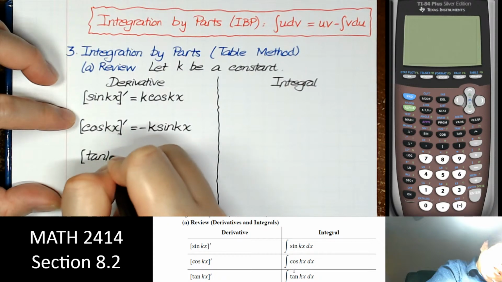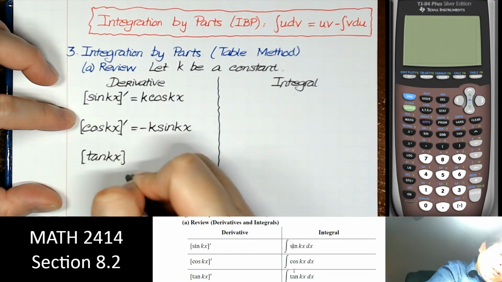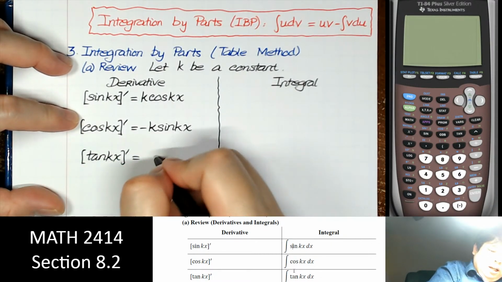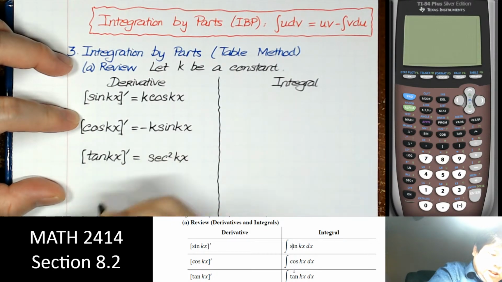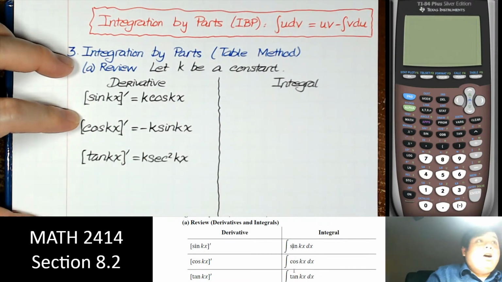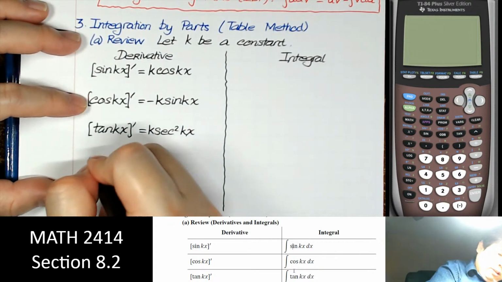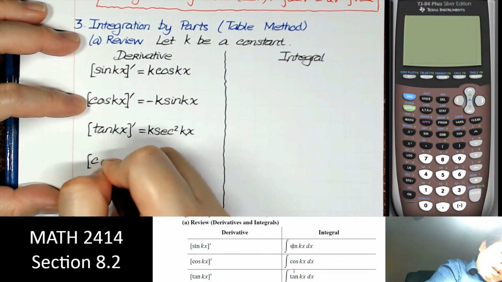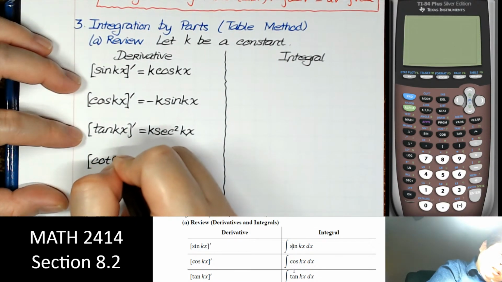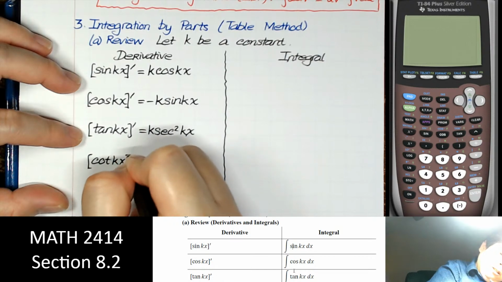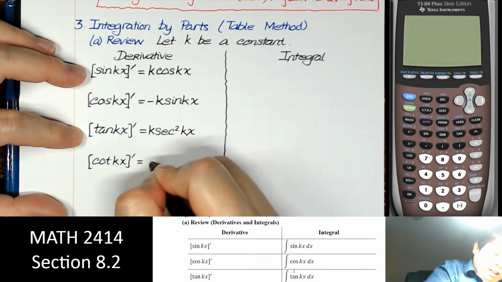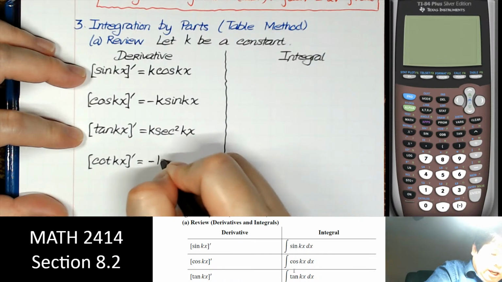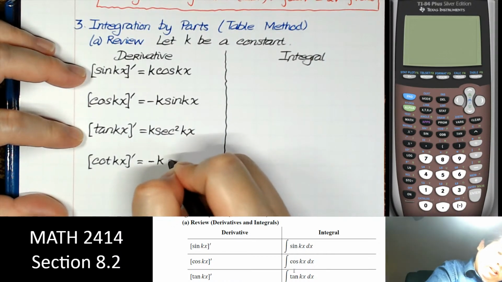Tangent is secant squared, and then we multiply constant k to it. Cotangent is negative cosecant squared and multiply by a constant k to it.